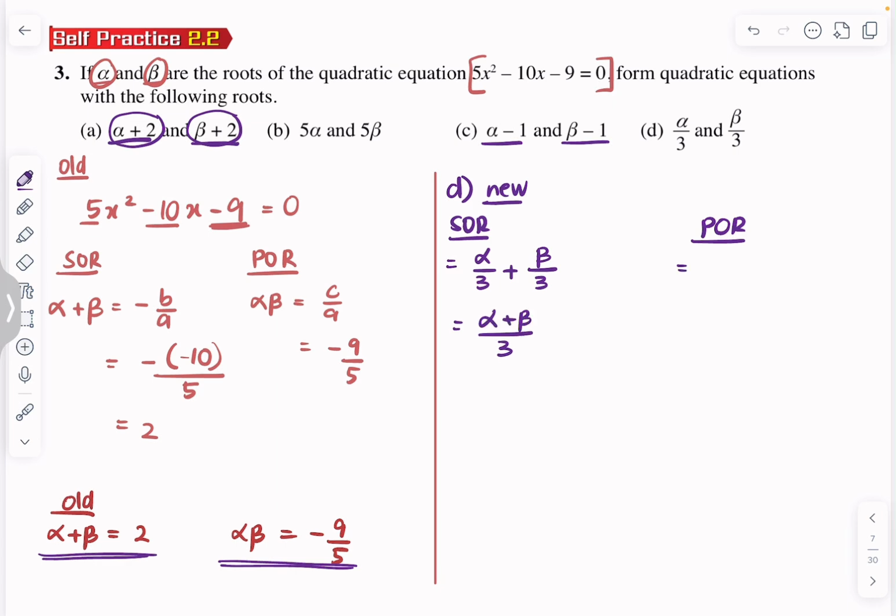And our product of roots will be alpha over 3 times beta over 3. This will give us alpha beta over 9. Then we sub in the value. We know alpha plus beta is 2. So this is 2 over 3. Alpha beta is this. So negative 9 over 5 divided by 9.